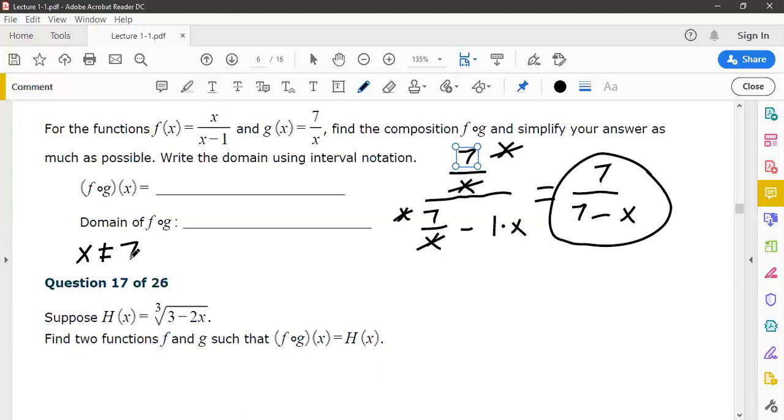So how do we write that in interval notation? If you look at a number line, interval notation pretty much defines your answer as it would be seen on a number line. So we know it can't equal 7, so I'm going to make an X telling me it can't be 7. But it can be any point on either side of 7.